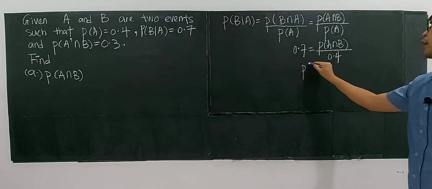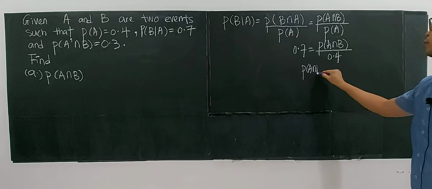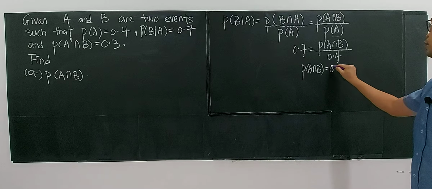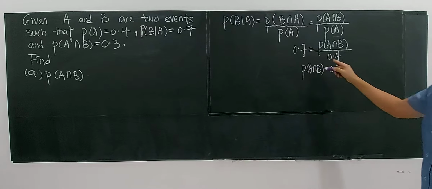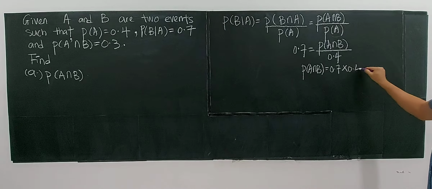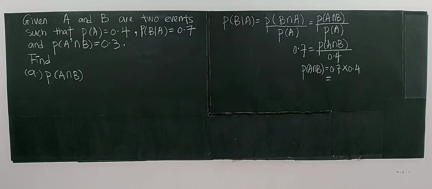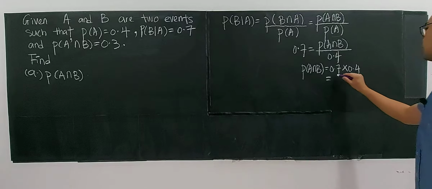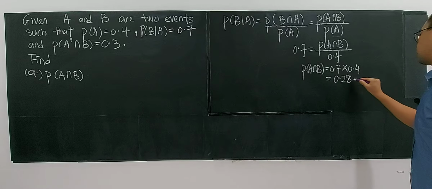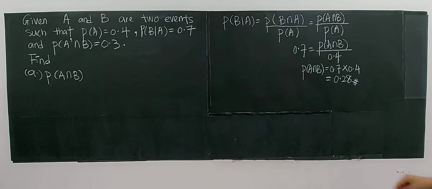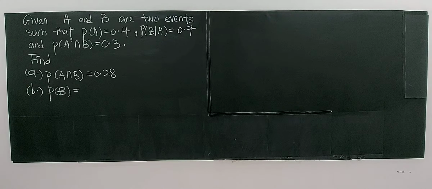So from here you can find the probability of A intersect B, which is 0.7 multiplied with 0.4. Let's see what you will get. You are getting 0.28. This is how we find the probability of A intersect B.